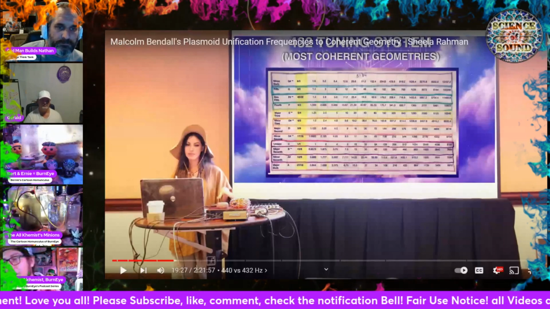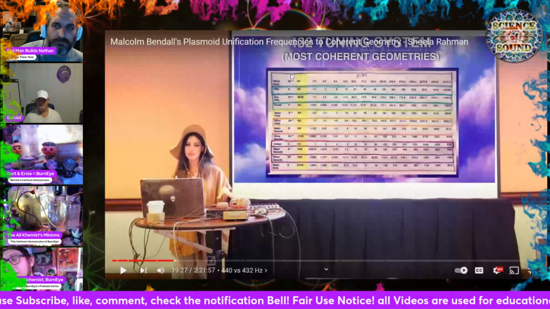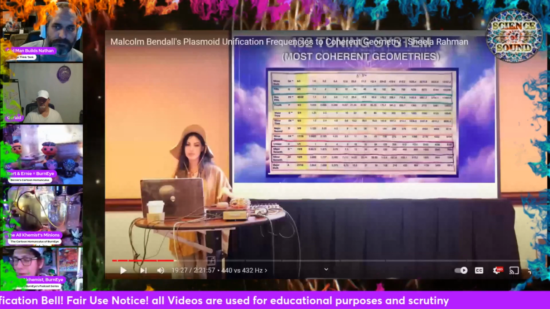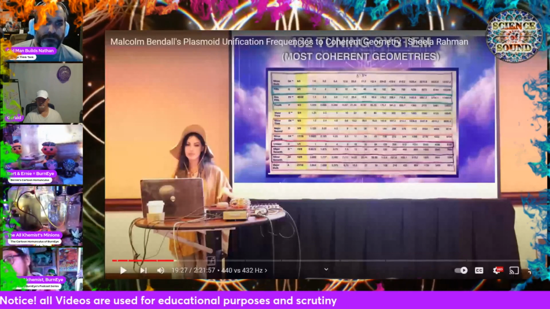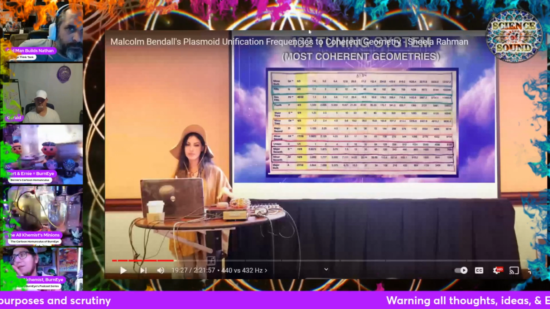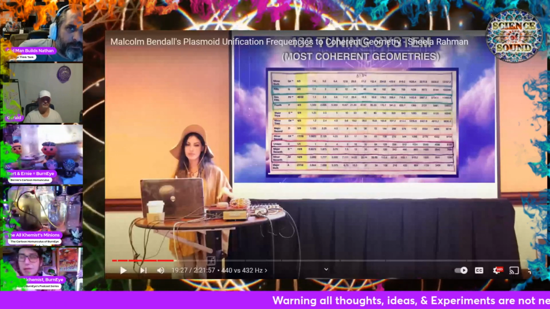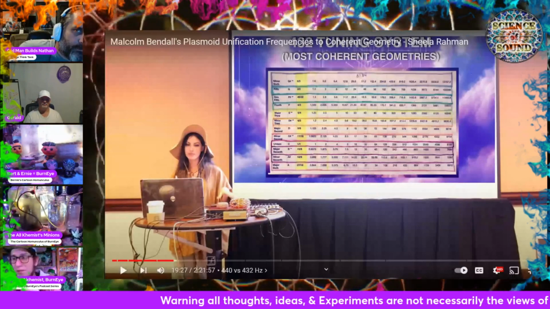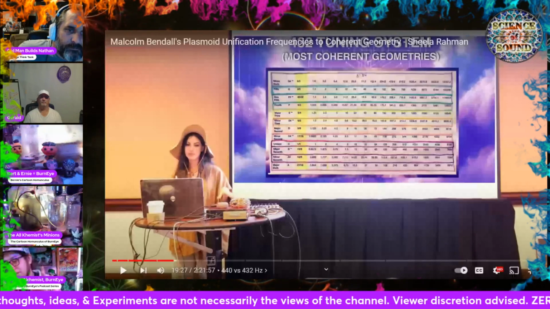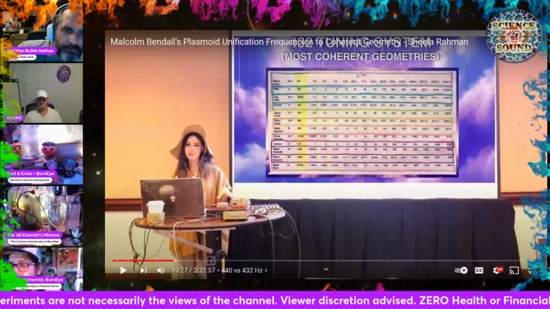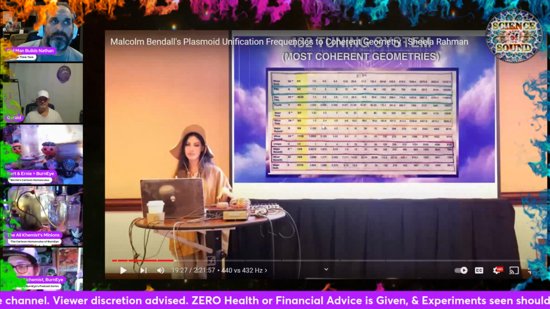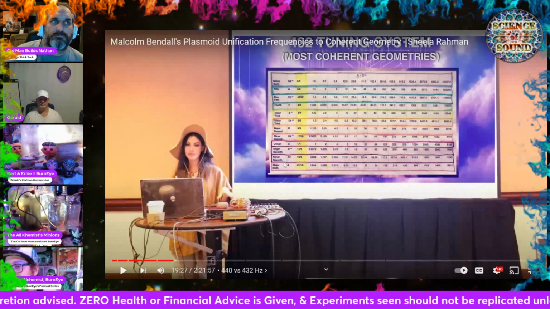The 432, when used as the integer in all her other frequency ratios, creates a stable, unified, coherent geometry, compared to when we use the 440. It is just this scrambled, incoherent, jumbled mess of frequency distortion. And that's what she's about to demonstrate and show.